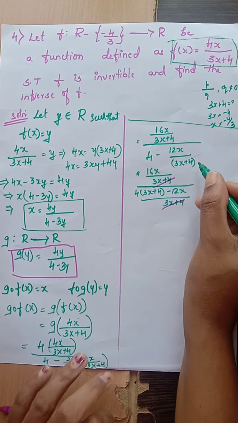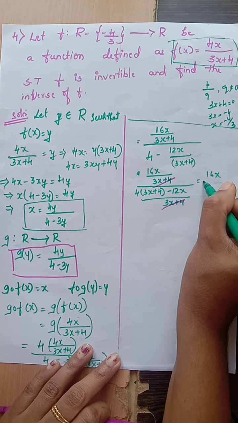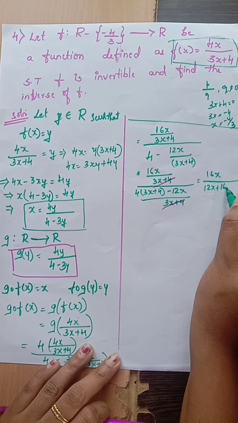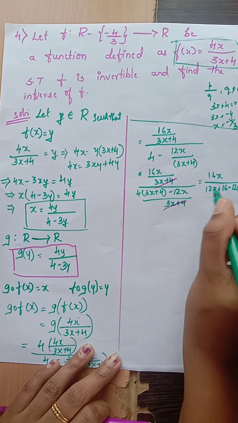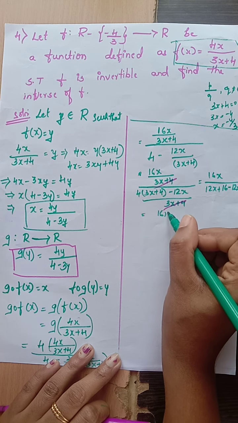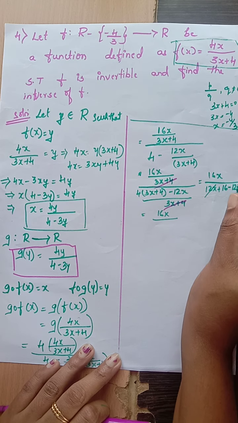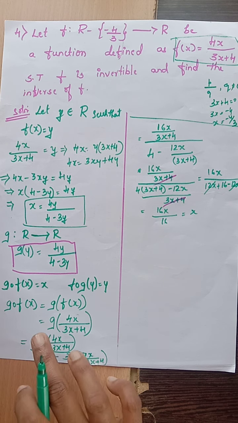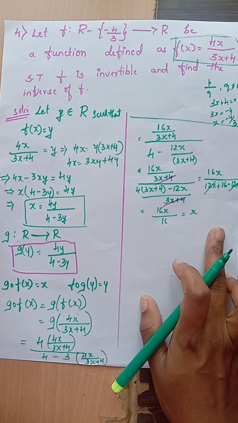What is remaining is 16x divided by 4 into 3x is 12x, plus 4 fours are 16, minus 12x. So what did I get? 16x divided by 16 is equal to x. So I have proved g composition f of x is equal to x.